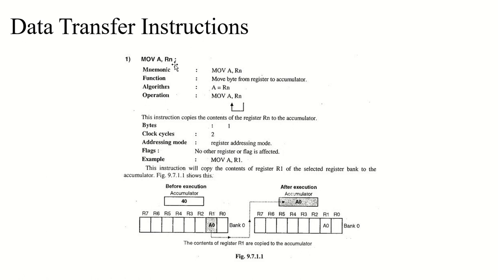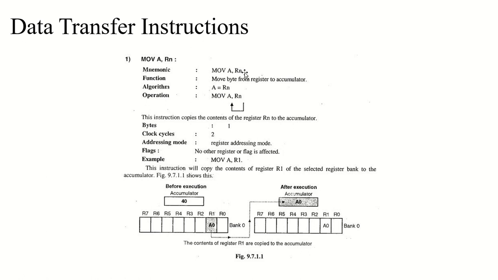What function does it perform? It moves the byte variable, like it moves the byte from register to accumulator. On the right-hand side you have the source, on the left-hand side you have the destination, so it would move from register to accumulator. And what would be the algorithm? The data in the register would be copied to the accumulator.